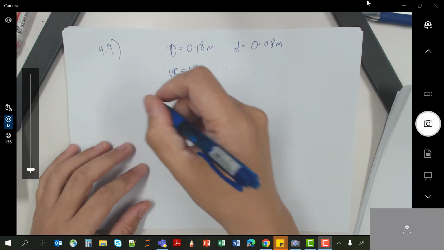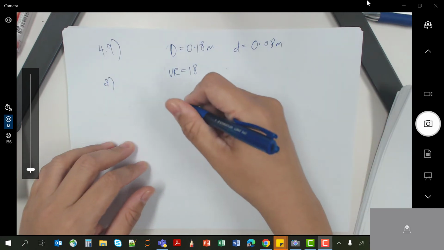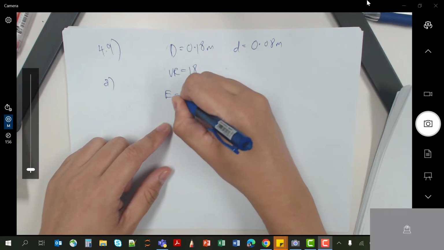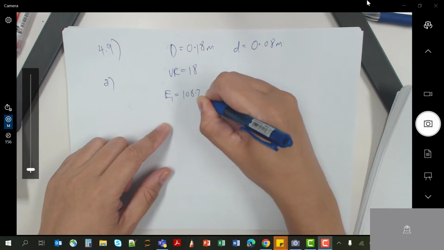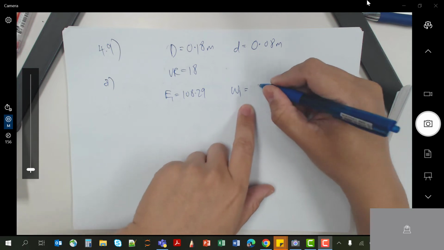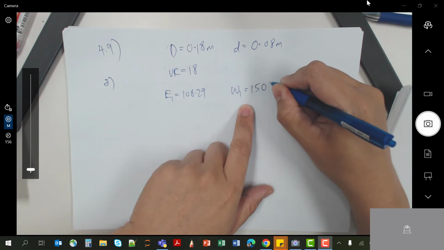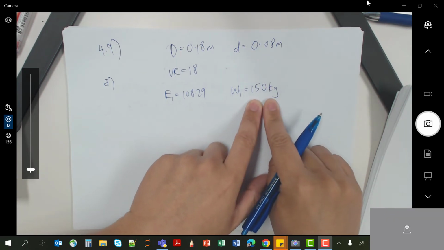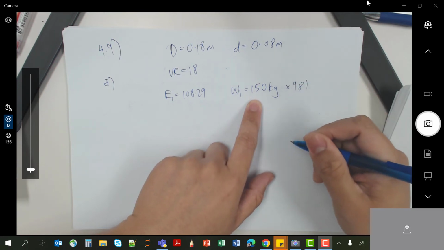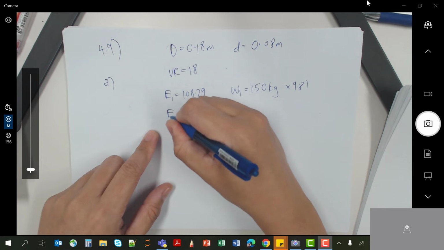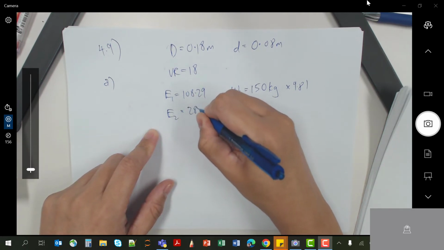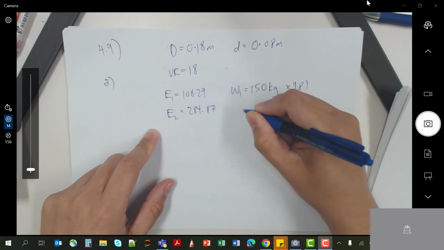Now the question asks you to find the law of the machine. Okay, giving you 2 points. E1 is 108.29. W1 is, see, this is where the mass is given instead of newtons, so you have to multiply by 9.81. Okay, and then the second effort is 284.87.